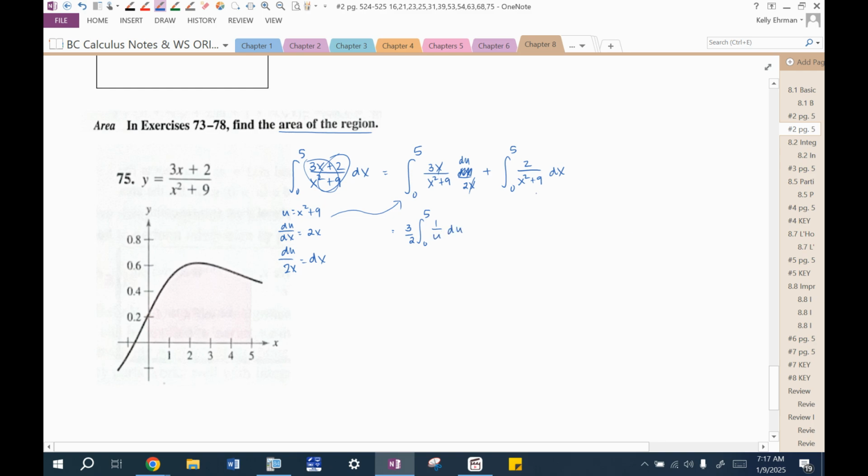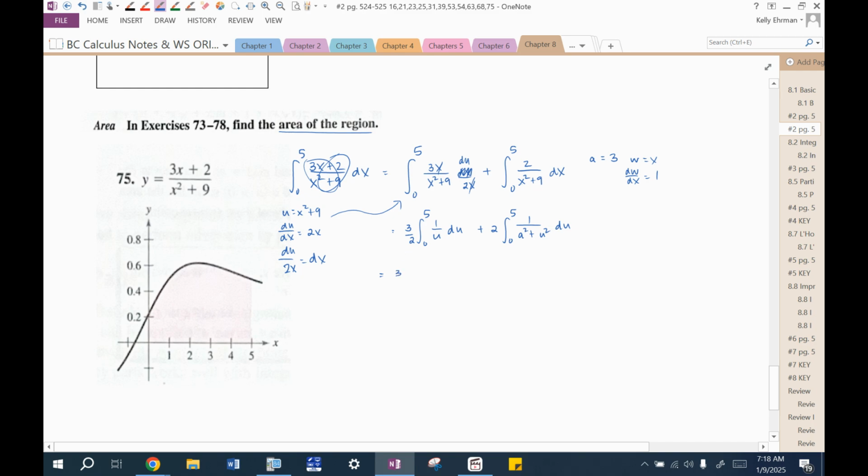And then what about here? U sub is not going to work because there's no x in the top. So again, this is inverse trig, where a is 3. And instead of u, I'm going to use w. A is 3, w is x. dw dx would be 1. So this is plus 2 times the integral from 0 to 5 of 1 over a squared plus w squared dw.